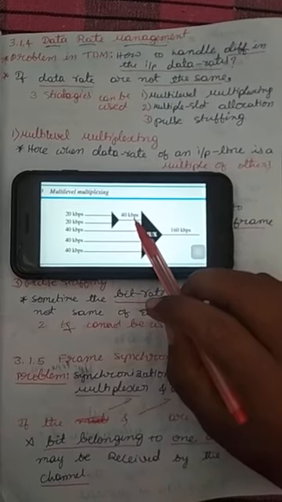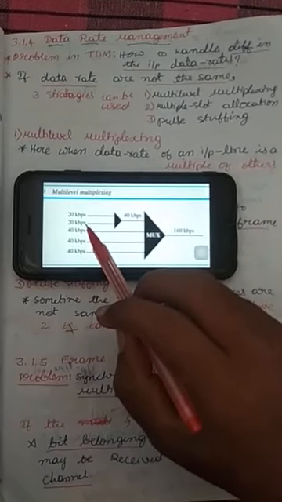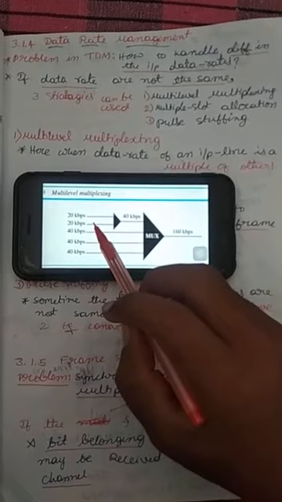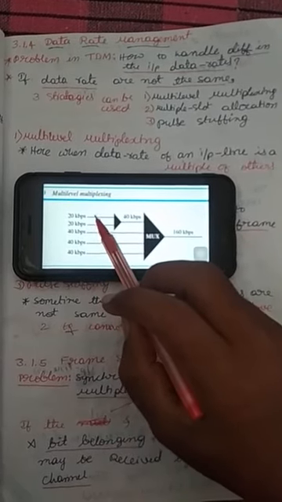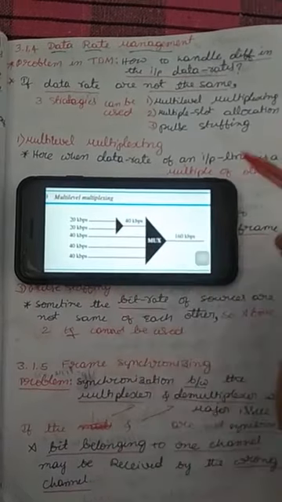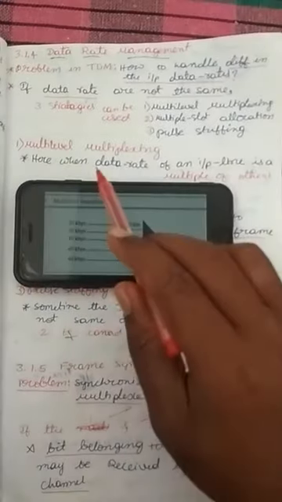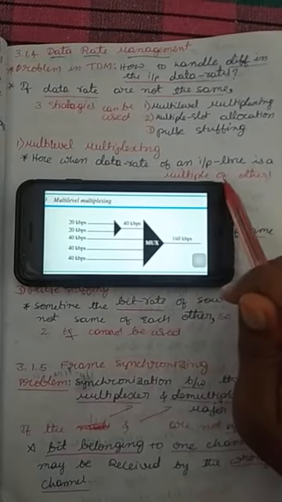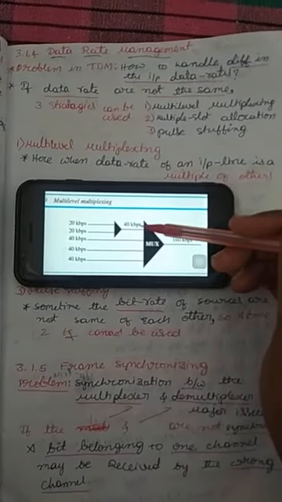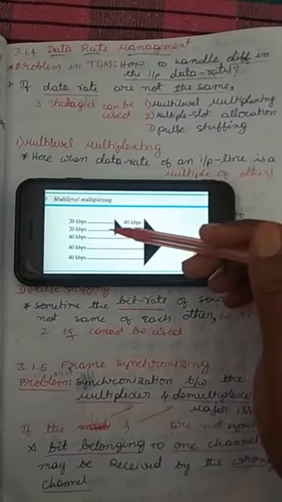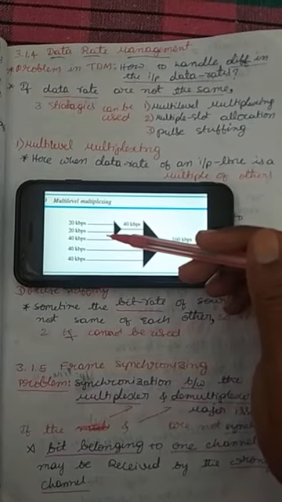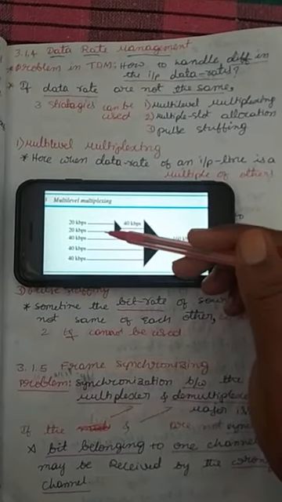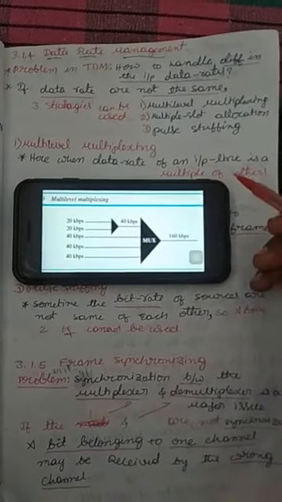But this first one is the combination of the other two input lines. That is what they are telling: when the data rate of an input line is a multiple of the others, this will be a multiple of the other two lines.